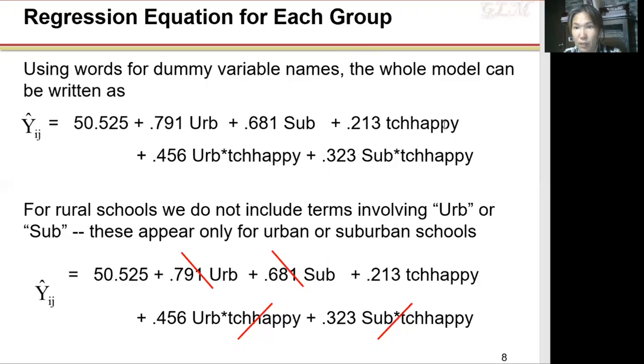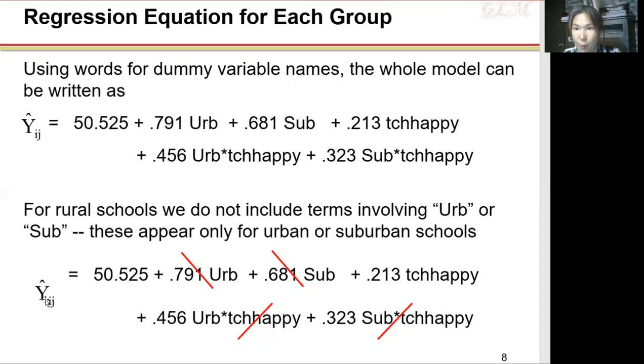And this is nothing related to the canceling out thing. But here, urban dummy variable, here, suburban. Again, you plug 0 here, you plug 0 here. So these two terms are also removed, right? So what is the remainder?